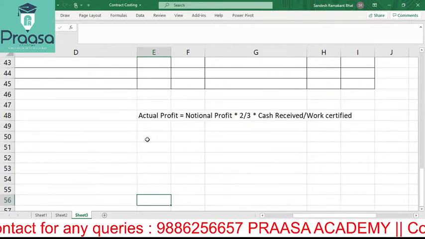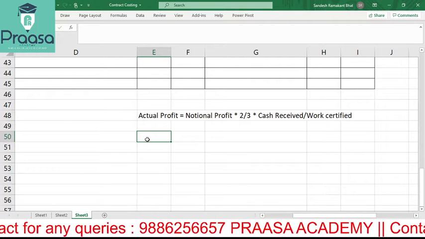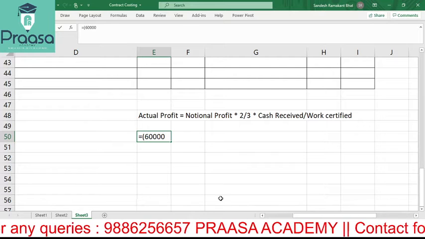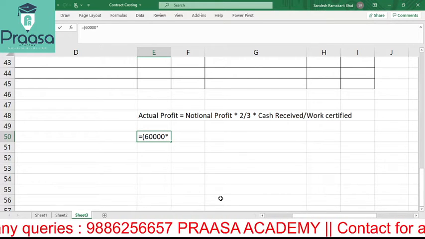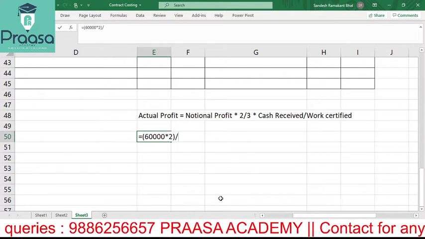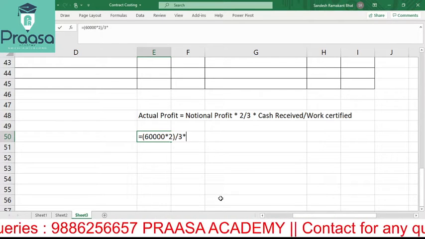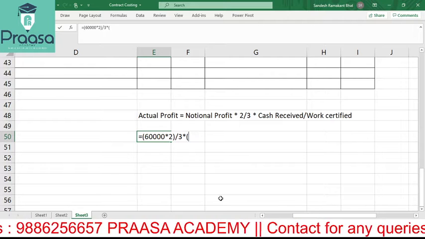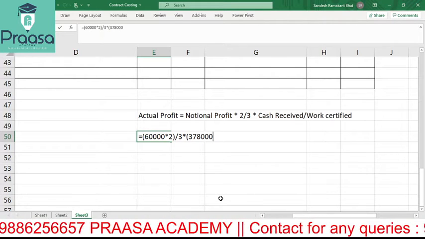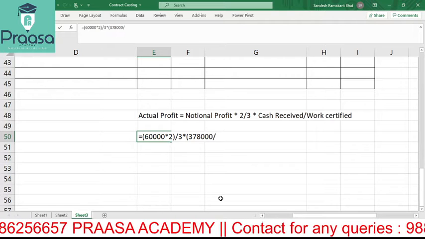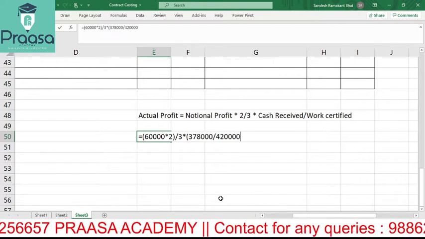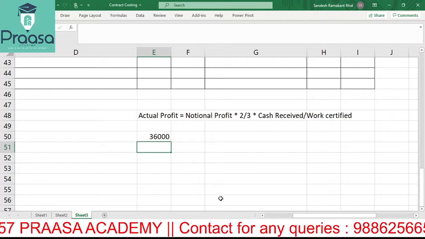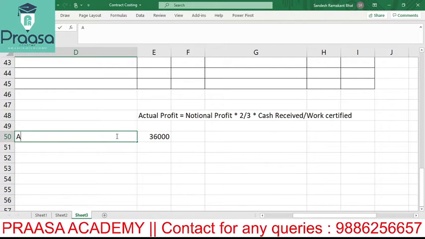Notional profit is 60,000, right? So it is equal to, open the bracket, 60,000 into 2/3 into cash received, which is 3,78,000, divided by work certified, which is 4,20,000. Close the bracket. 36,000 is the answer. This is our actual profit.